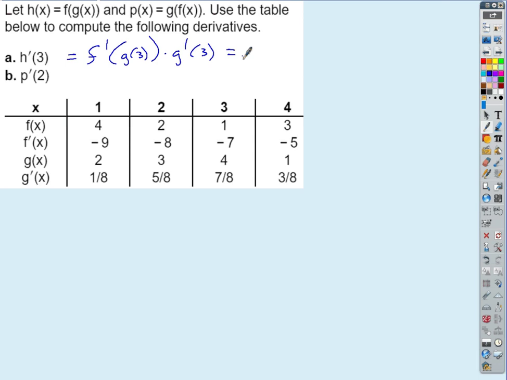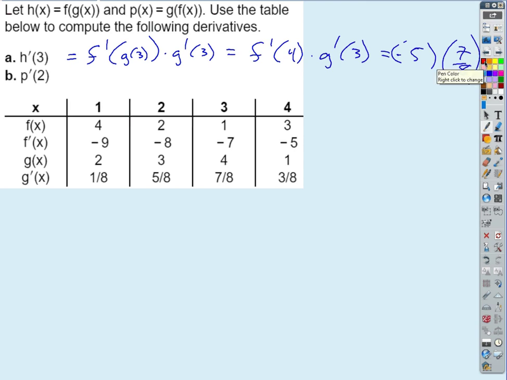Let's see. G of 3 is 4, so that's equal to f prime of 4 times g prime of 3. F prime of 4 is -5. G prime of 3 is 7/8. So we get an answer, right?